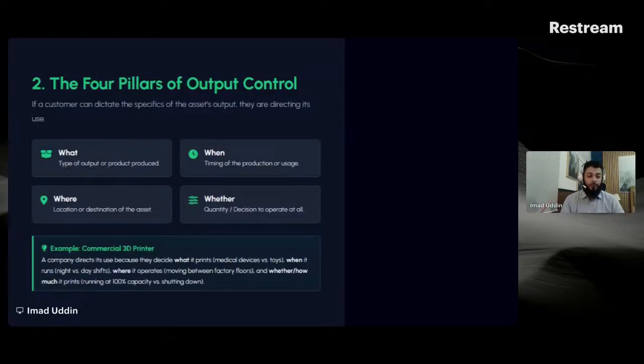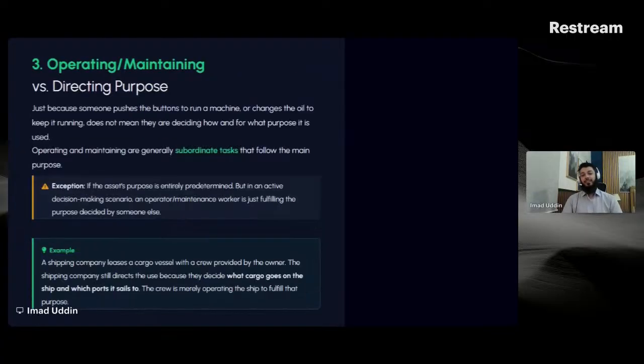So within the scope, they would have the leverage, and whether and how much it prints, running at 100% capacity versus shutting down. And that 100% capacity would be based on, again, the scope of the contract. Let's say the filaments of that particular 3D printer are limited in use, you would have to decide how much to use those filaments within that predetermined limit.